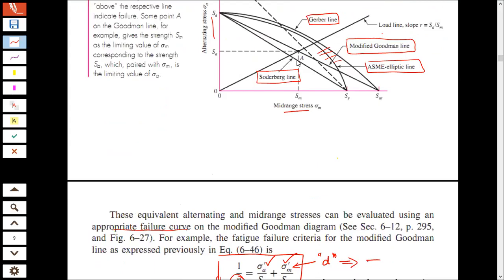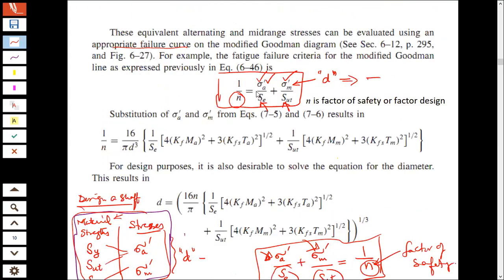If you take those values for sigma A dash, that is 416 over pi d cube, and we have taken the common terms out from both, because sigma A dash and sigma M dash have some things in common. So you are left with 1 over SE and then this, and 1 over SUT and then this. Basically, in this equation we have put the value of sigma A dash and the value of sigma M dash. Then you get this equation.